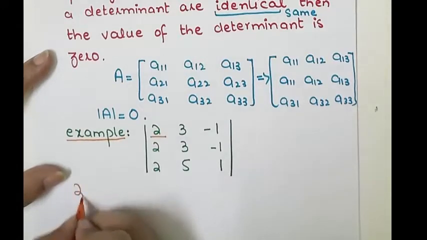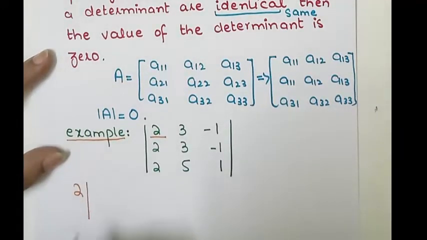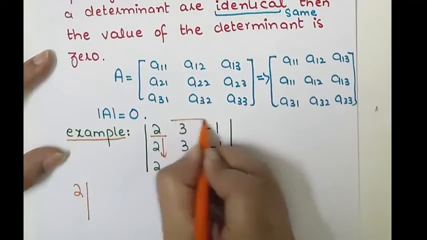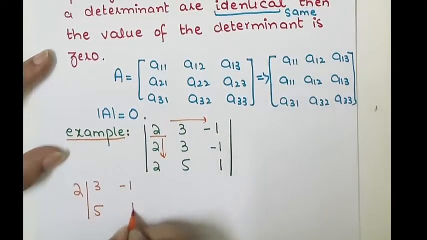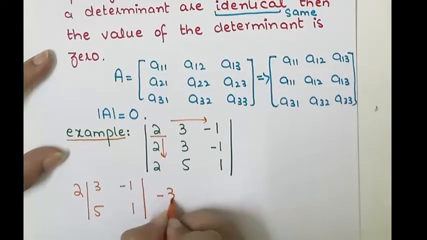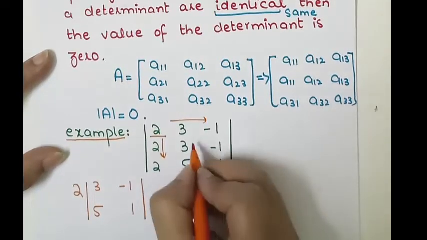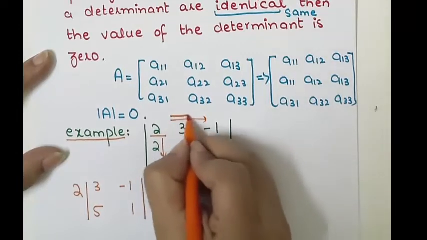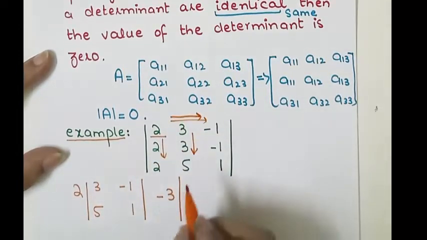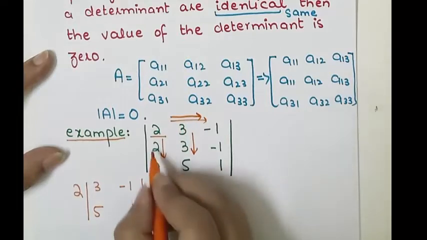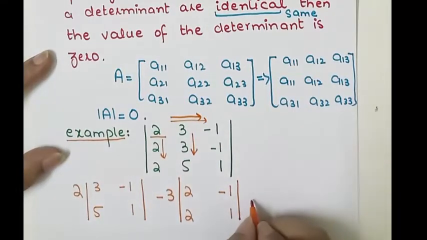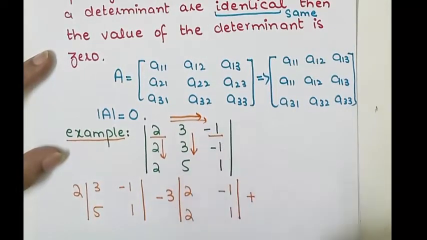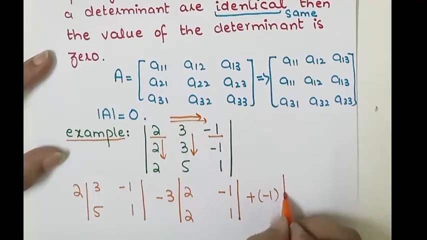So let's check what is the value of this determinant. Expanding, we will write 2 outside the determinant. Now we will ignore first row and first column: 3, minus 1, 5 and 1. Then minus sign 3. Now ignoring second column and first row, we will have 2, minus 1, 2 and 1. Lastly we have plus and this term which is minus 1.